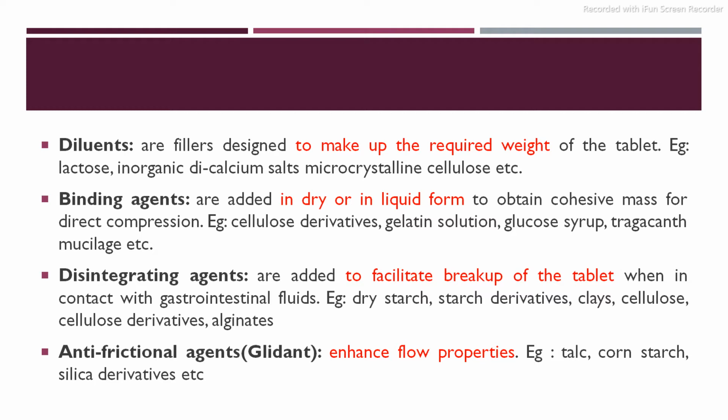So this Glidant and lubricant will prevent the friction between the granular particles and also between the die surfaces. For example, talc, cornstarch, silica derivatives, these are some Glidants and lubricants used to increase the flow property of your granular material.